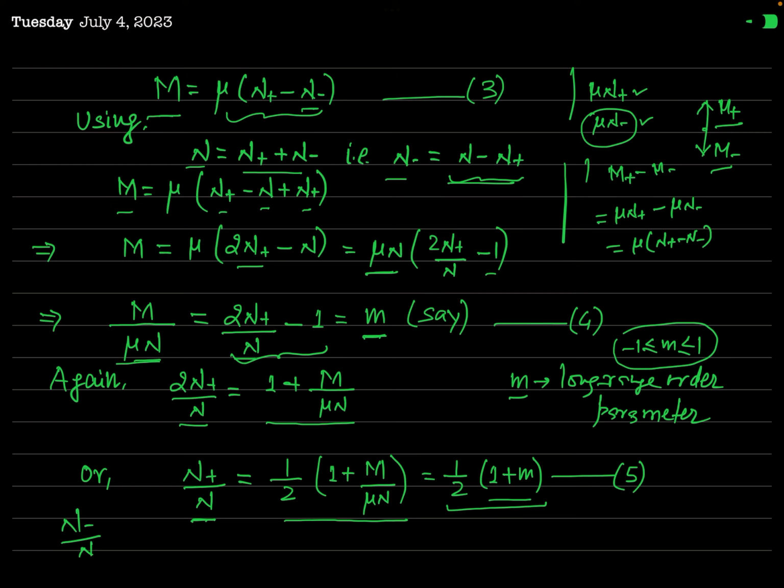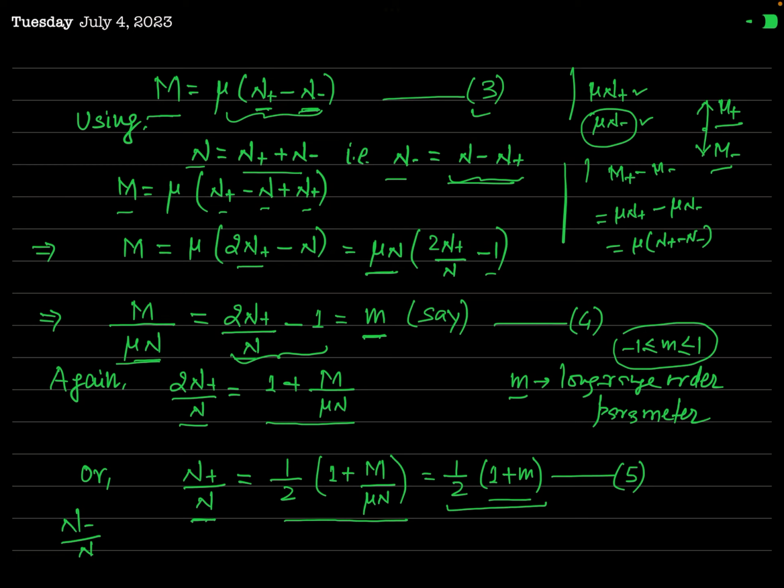If you want to calculate the value of n minus over n in a similar way, you have to replace n plus from this equation 3. For getting the value of n plus by n, we eliminated this n minus from here.